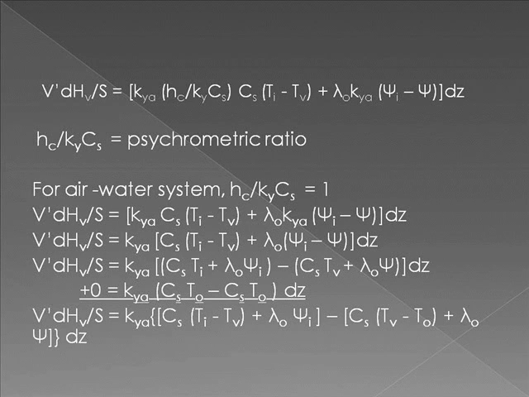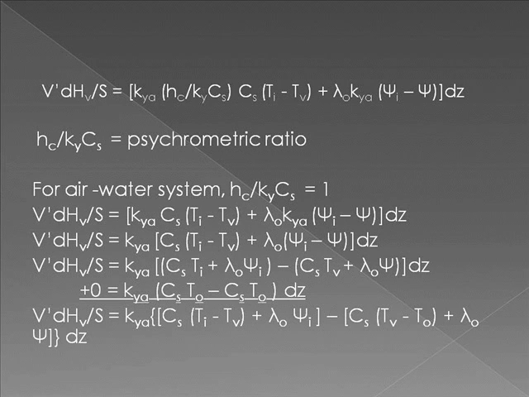Further simplification, V prime dHV over S is equal to kY a Cs (Ti minus Tv) plus lambda naught kY a (ψI minus ψ) dZ. To simplify further, V prime dHV over S is equal to kY a [Cs (Ti minus Tv) plus lambda naught (ψI minus ψ)] dZ. We are going to add a term that is essentially equal to 0, which is Cs T naught minus Cs T naught, multiplied to kY a dZ.